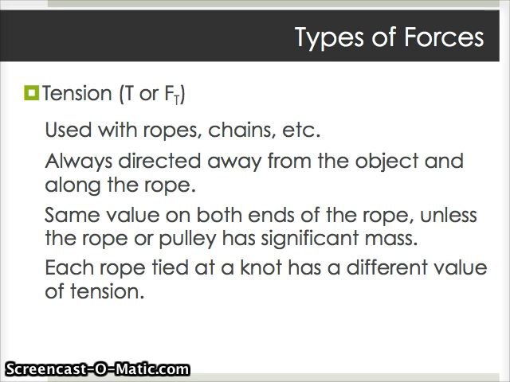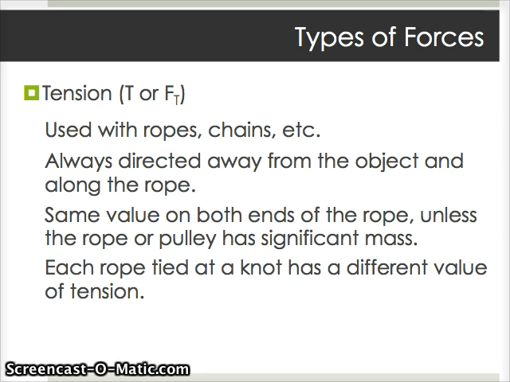So you end up drawing them right on top of a string or a chain or whatever it happens to be. And the tension force actually pulls in two directions at the same time. So we'll have to see how that looks. We'll look at an example here in a minute.